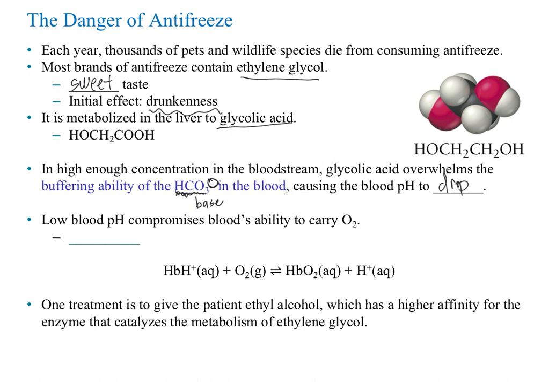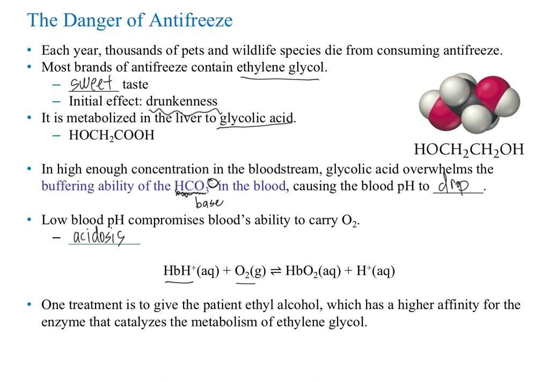When your pH is so low that you can't carry oxygen, that's called acidosis. So we have this reaction here where hemoglobin is unable to pick up the oxygen, and so we have a shift in our equilibrium here, so we're not able to actually have oxygen in the blood.